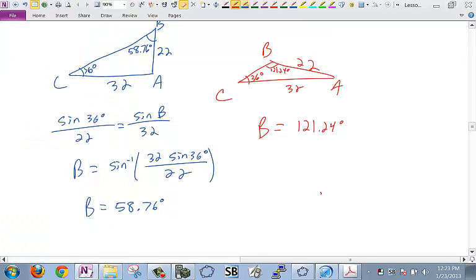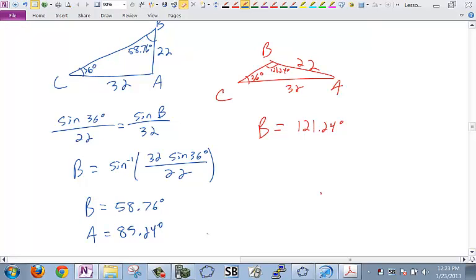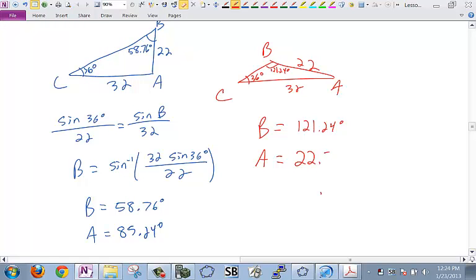So that's the blue angle A. Like subtracted the red angle B, so take out 36 from that angle. Okay. Is that important? Yeah, I think so. And then the red angle A is going to be 180 minus 36 minus 121.24. And we get 22.76.